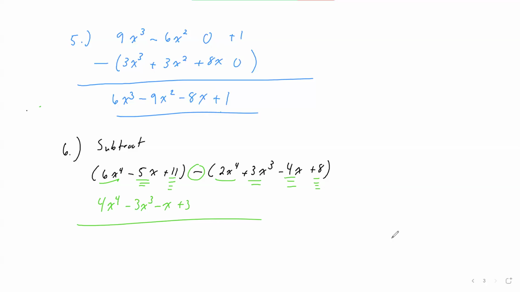All right. Feel good about subtraction? All right. Let's try to really confuse you on this next one. We're not going to multiply yet, but let's do a combination of addition and subtraction.